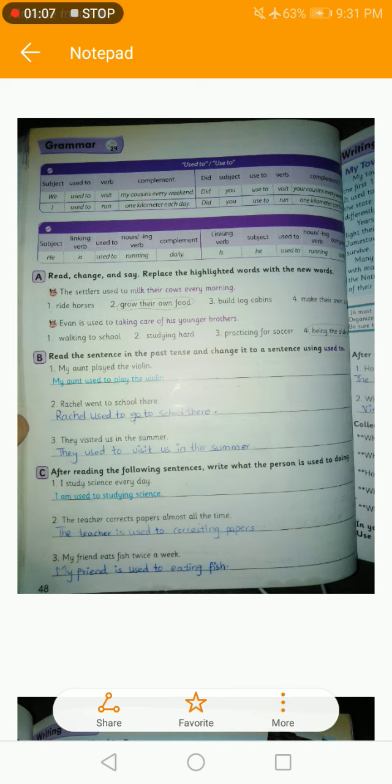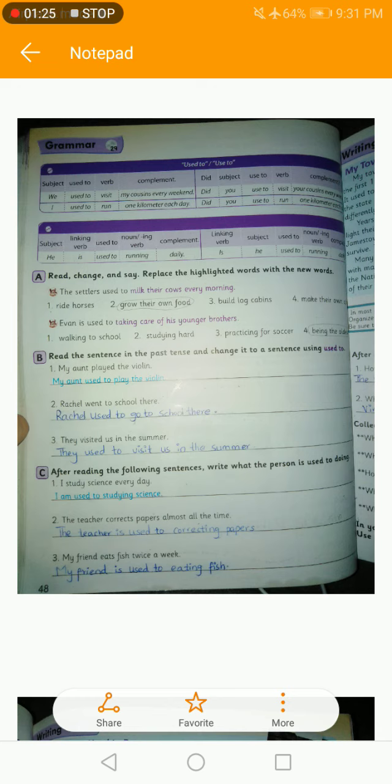These are the highlighted words, so we have to change these words with new words. The settlers used to grow their own food.